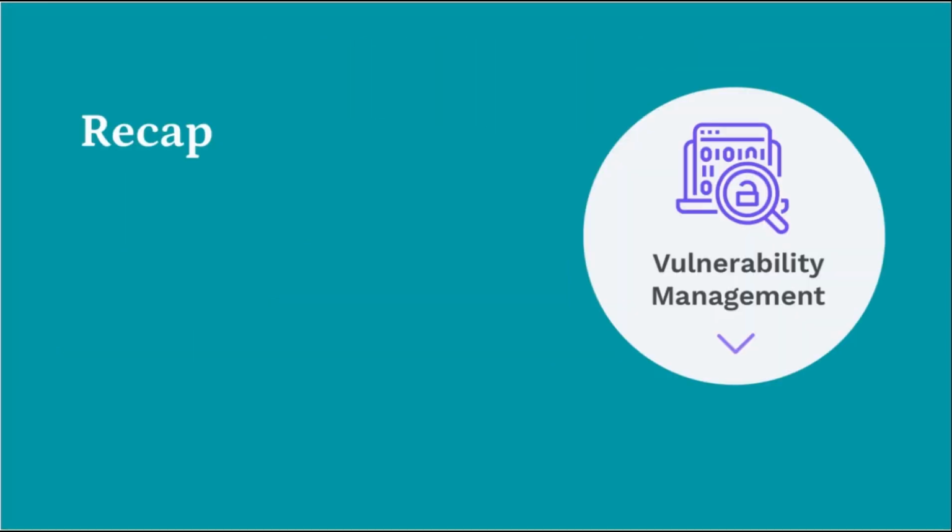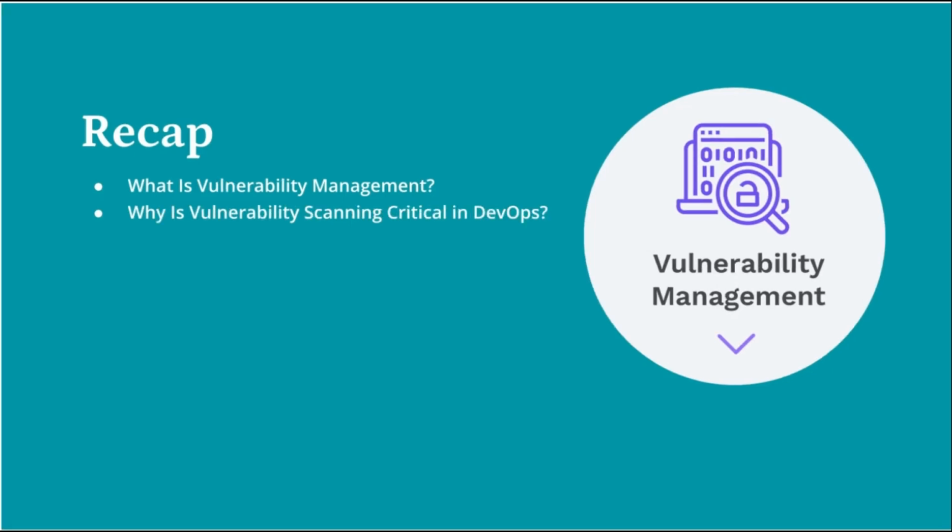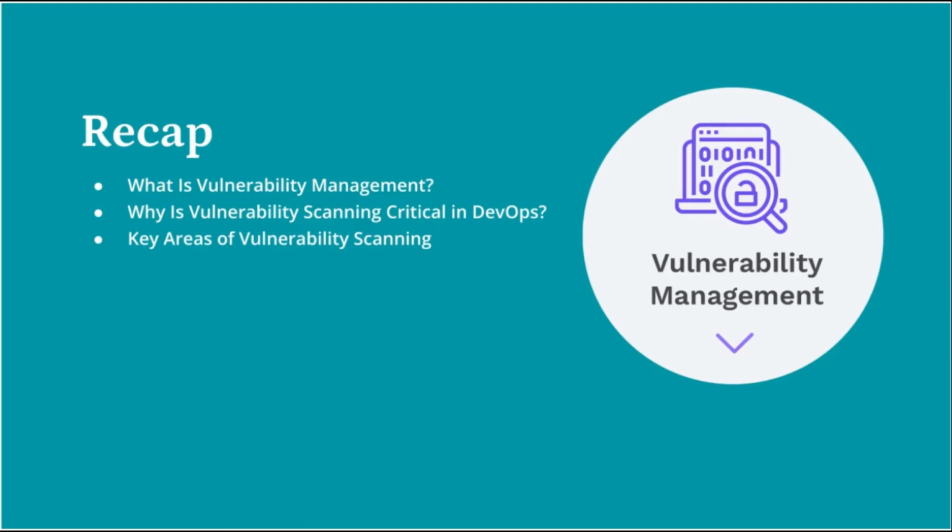Let's recap what we've learned today. Vulnerability management is a continuous process of identifying, assessing, and fixing security risks. Vulnerability scanning plays a crucial role in DevOps, helping teams detect threats early. Key scanning areas include applications, dependencies, containers, networks, and cloud infrastructure.